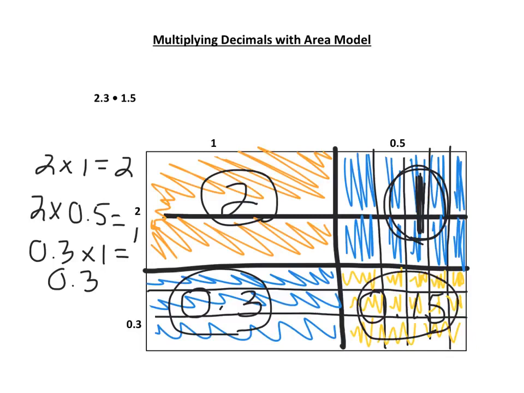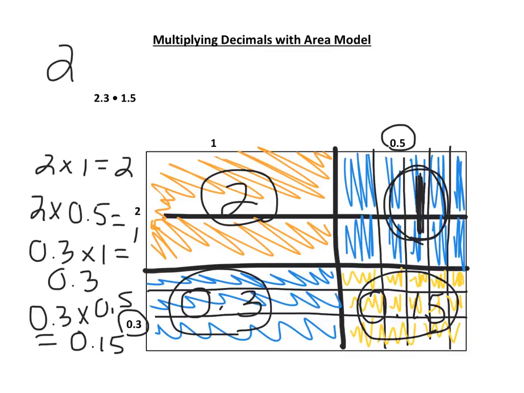And how I got 15 hundredths was I took the 3/10 and the 5/10 and I multiplied together. I got 15 hundredths. So then what I'm going to do is add all my sections together. So I've got the 2 wholes plus the 1 whole plus the 3/10.